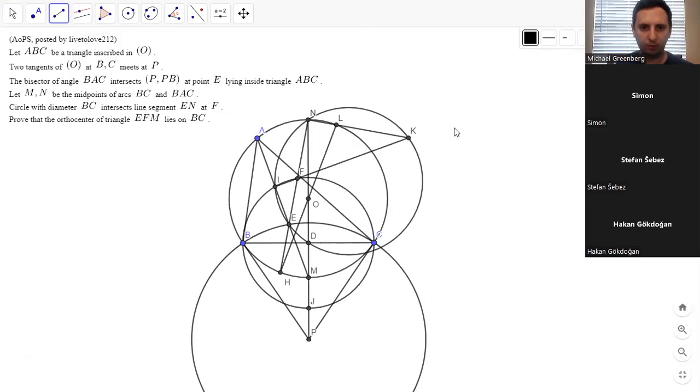Okay, so is there another way? So we showed NIED is cyclic.